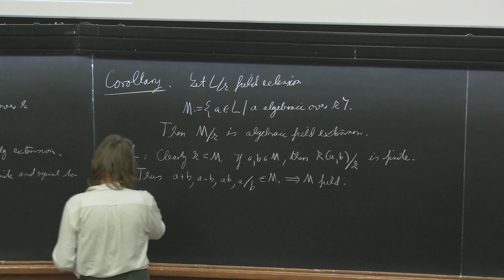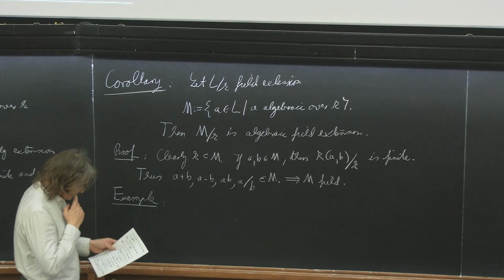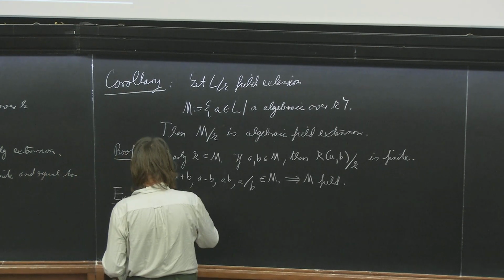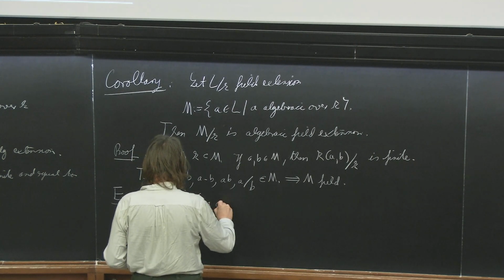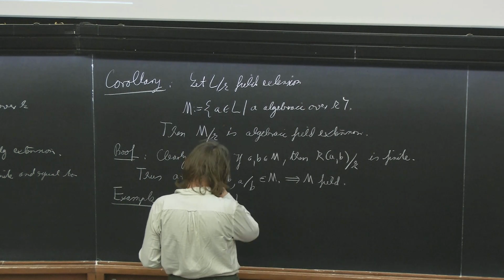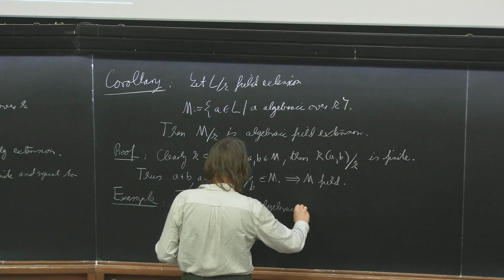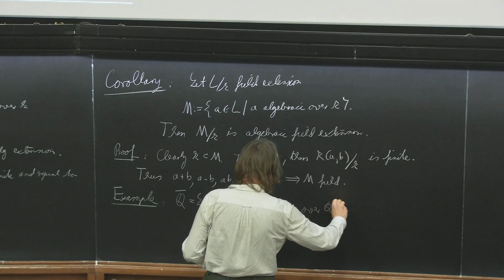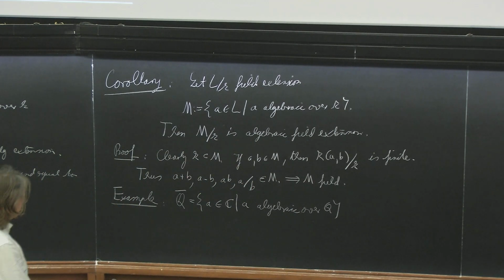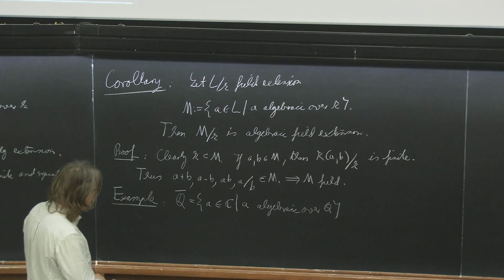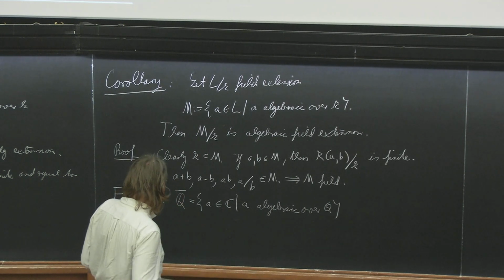So an example of this is the field of algebraic numbers, Q bar, the set of all complex numbers which are algebraic over Q. So these are all complex numbers which are zeros of a polynomial equation with coefficients in Q, and by definition this is an algebraic extension.